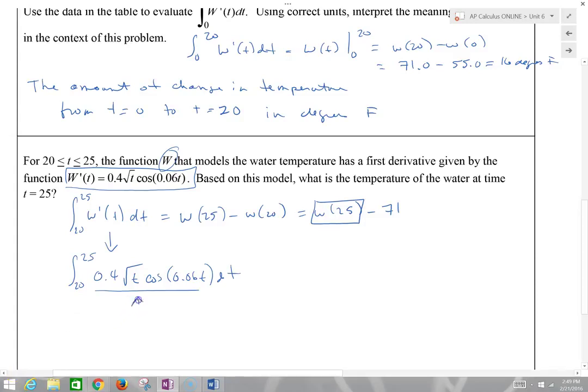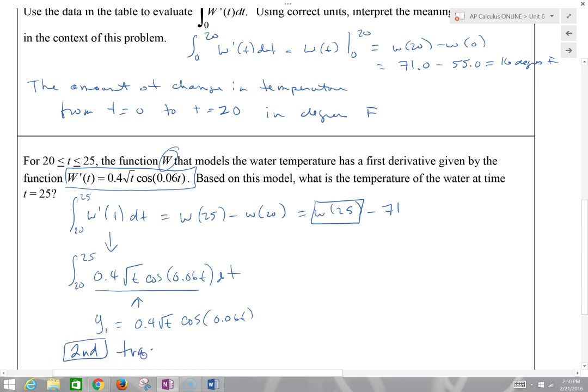You would plug this into one of your y values in a graphing calculator. So say y1 equals 0.4 square root of t cosine of 0.06t, and then you would go to second, calculate. I can't remember what that is. It might be the window button. So it's the second, oh no, it's trace, I believe.